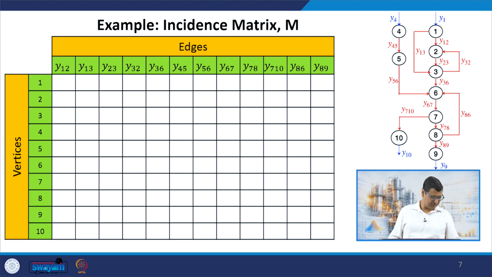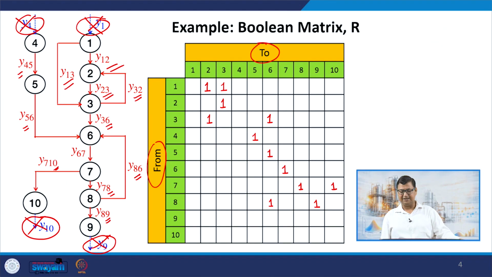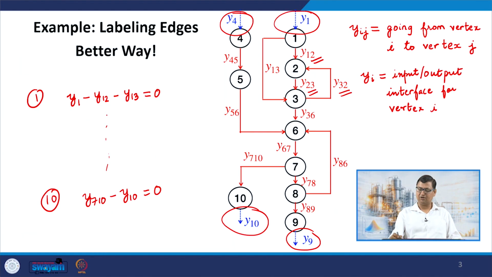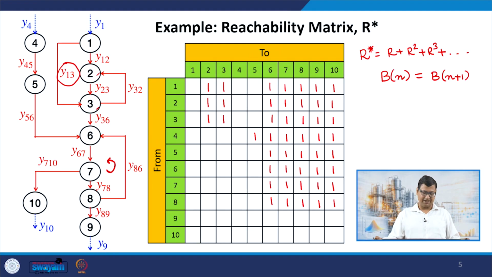We have defined the label yij as something that is going from vertex i to vertex j. Therefore, yij becomes the outgoing at i, and therefore for i I will put a -1, and it is going to vertex j. So, for j I will put a +1, right.